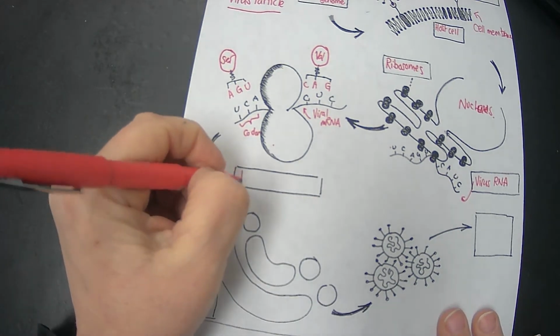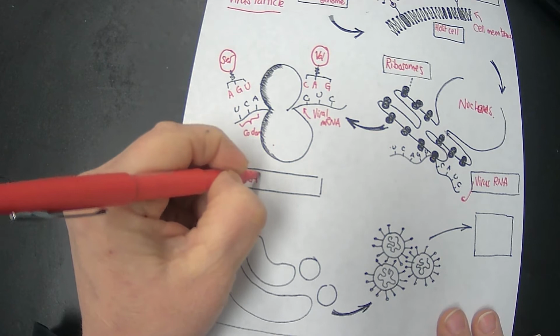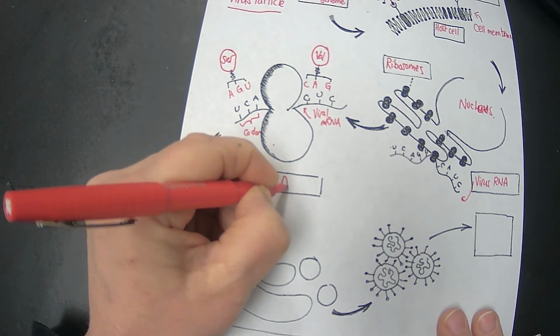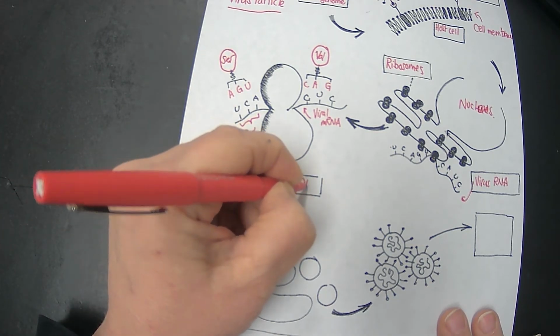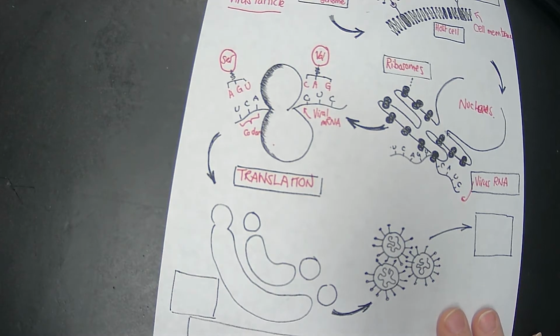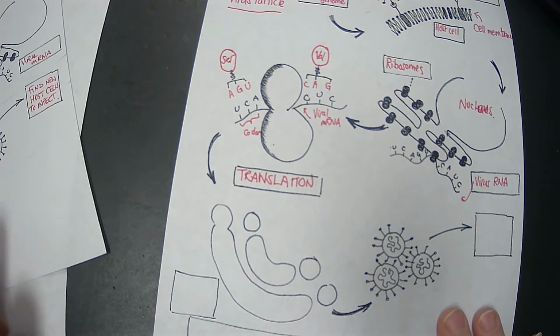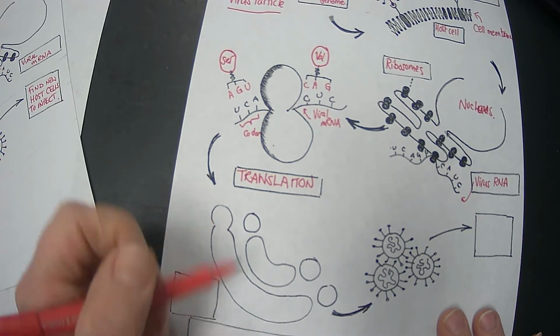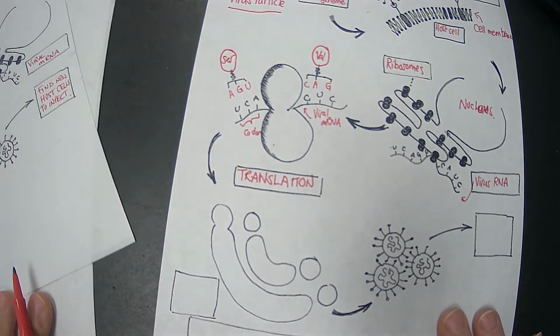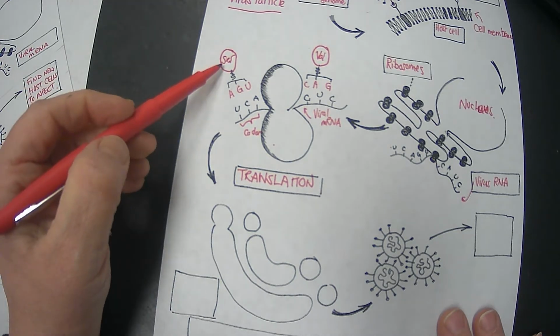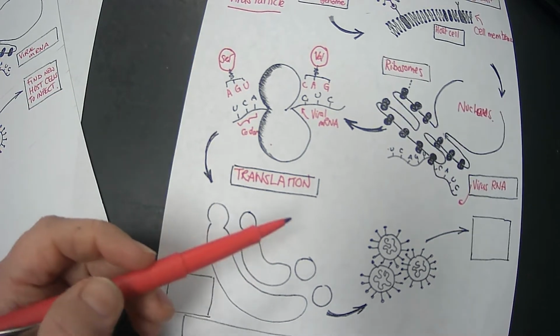That is translation, isn't it? That is exactly what we've been talking about with protein synthesis. So what we're doing is we're using the viral genome, we're using viral code in our cells to make not our own lung cell proteins, but virus proteins.